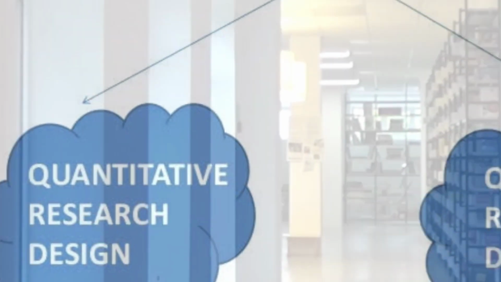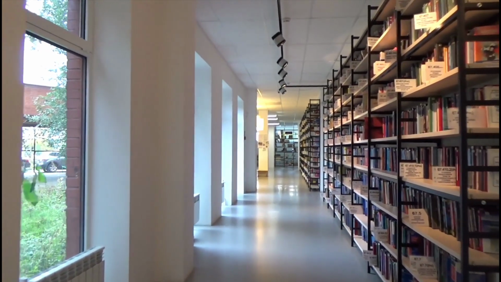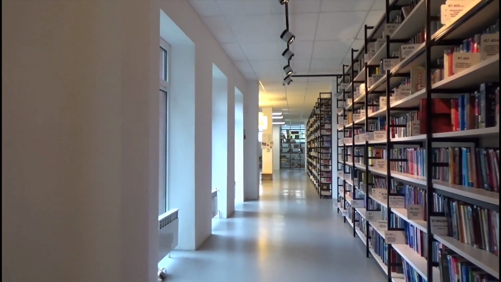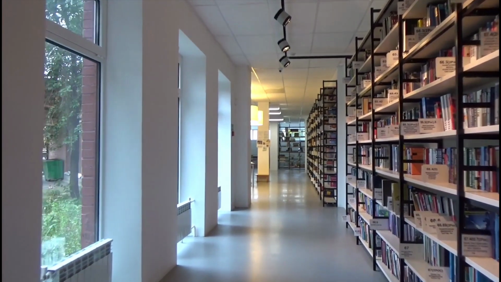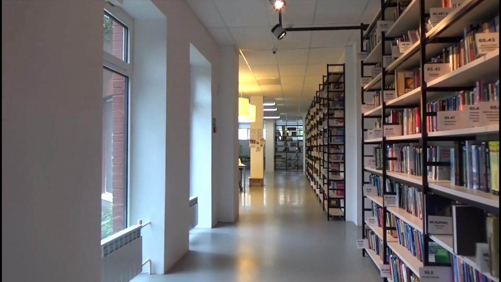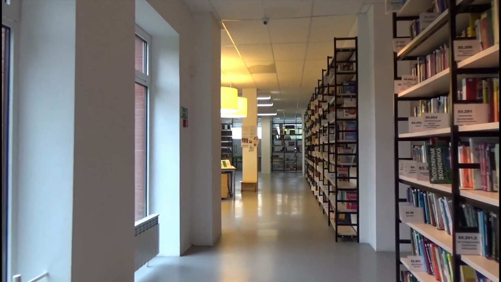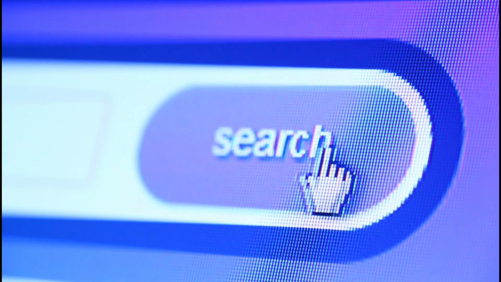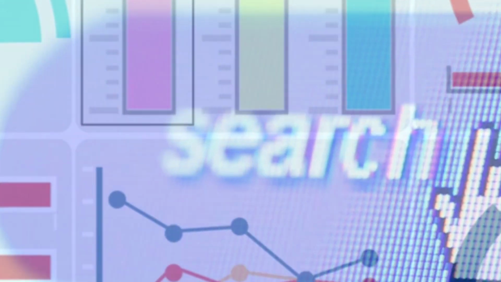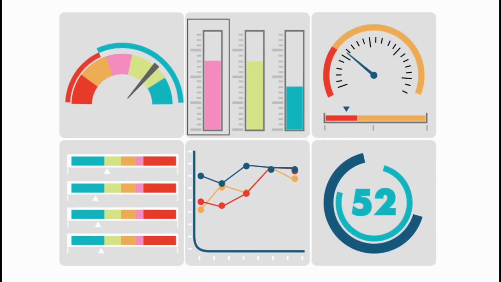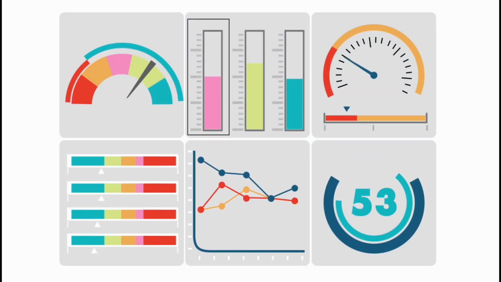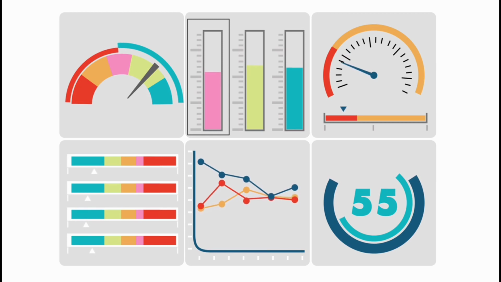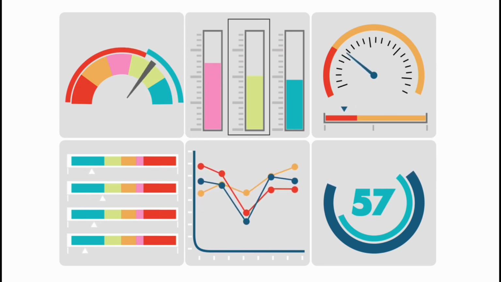Okay, number 1, goal or aim of the research. The primary aim of qualitative research is to provide a complete, detailed description of the research topic. Quantitative research, on the other hand, focuses more on counting and classifying features and constructing statistical models and figures to explain what is observed.